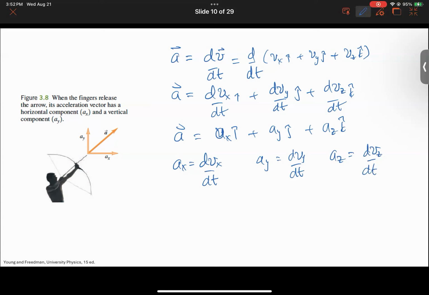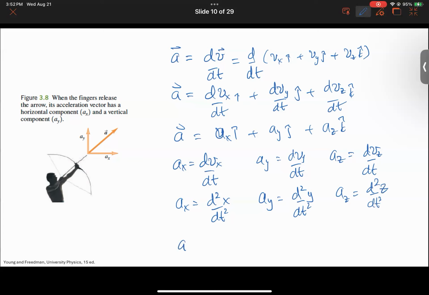And since yung vx is the derivative of the position along the x-axis, then a sub x is just the second derivative with respect to time of x. A sub y is also the second derivative with respect to time of y, and a sub z is just the second derivative with respect to time of z.